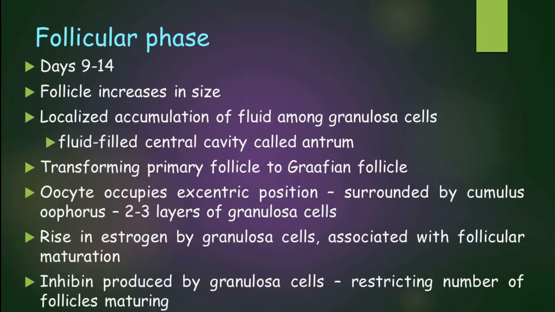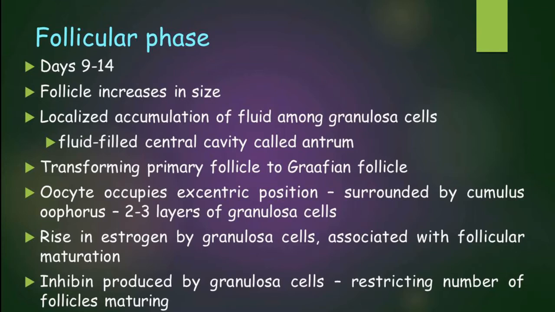The estrogen levels start to rise as soon as the follicular development increases. In the second set of days, from day 9 to 14, also called the follicular phase, the follicle will start to increase in size, and there is localized accumulation of fluid among the cells, and you get a fluid filled central cavity called the antrum inside the follicle.